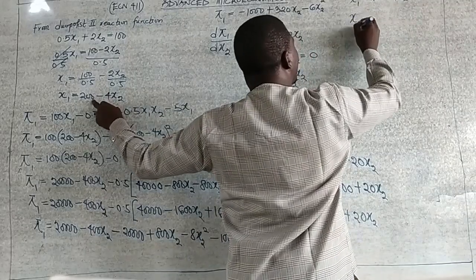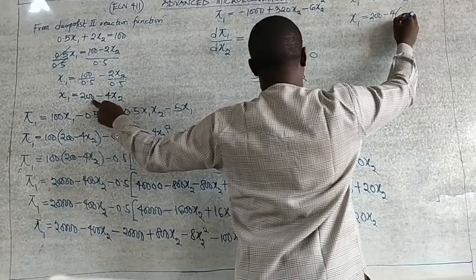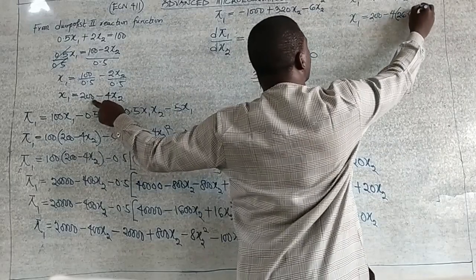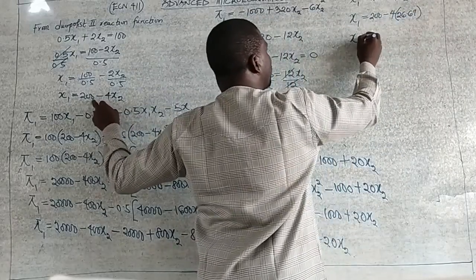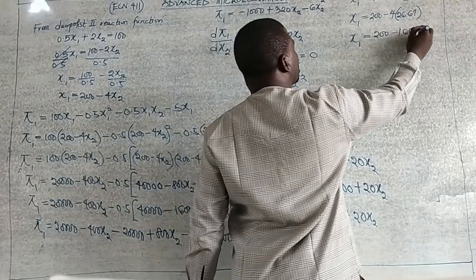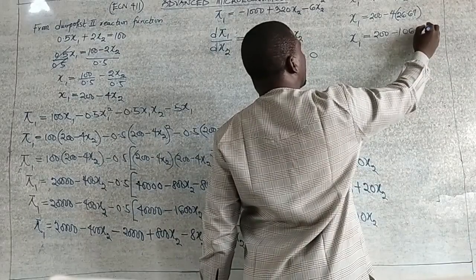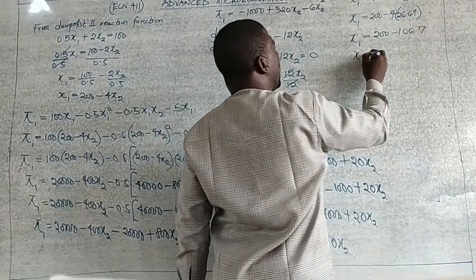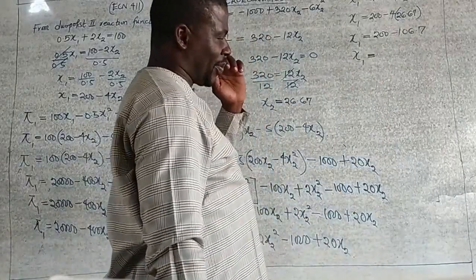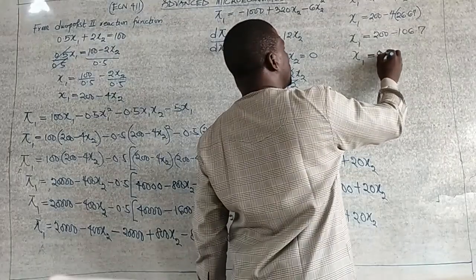So my x1 will now be 200 minus 4 into 26.67. Open the bracket. What do you have? 106.68. So what would now be our x1? 93.3.